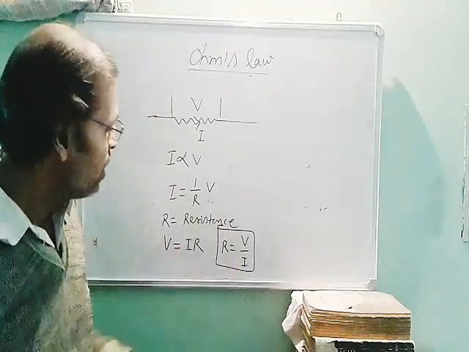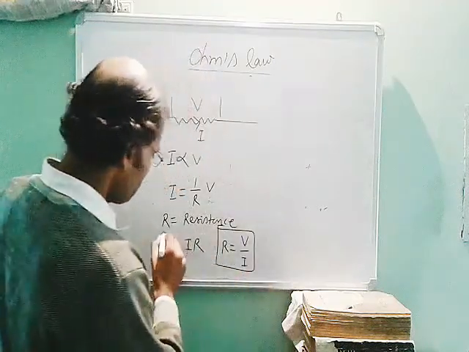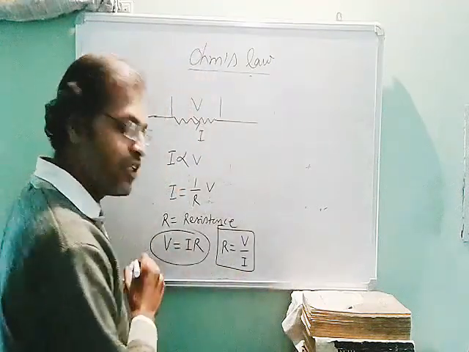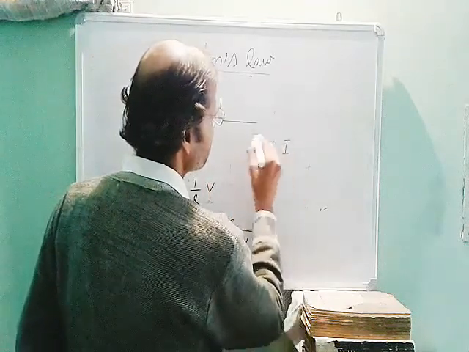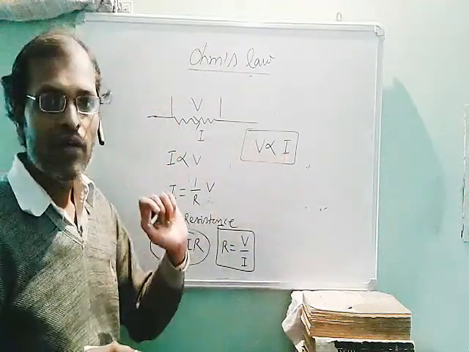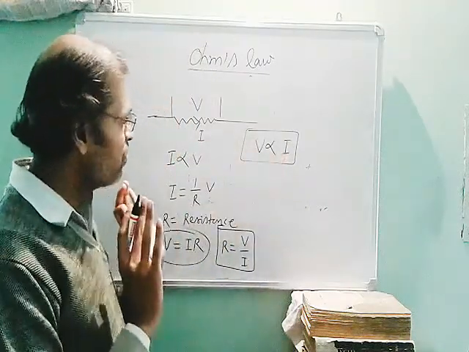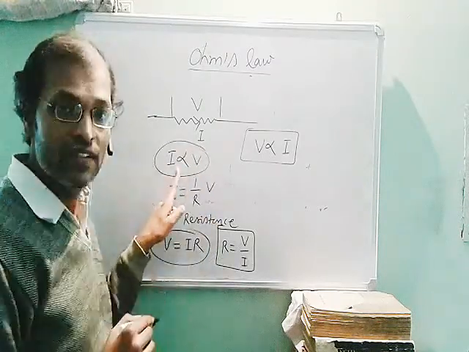Okay. Now we can write this equation in a new manner. V directly proportional to I, but the actual principle lies in the fact that I is directly proportional to V. This is Ohm's law.